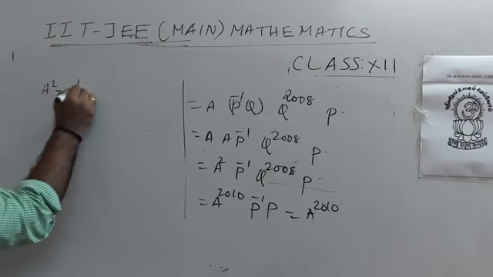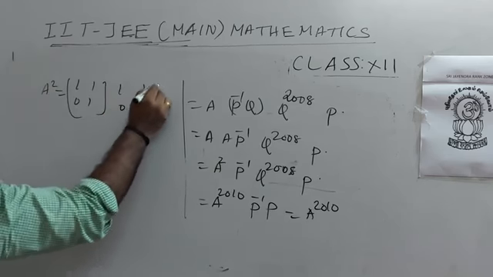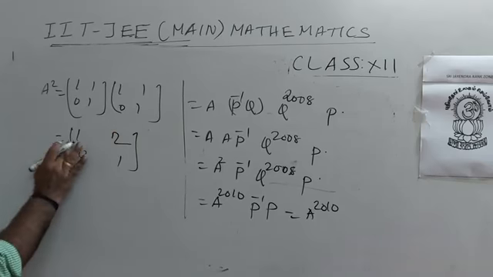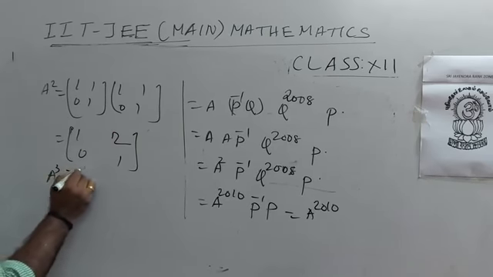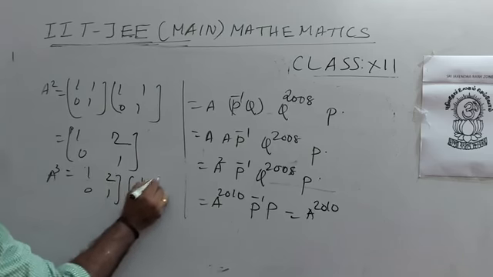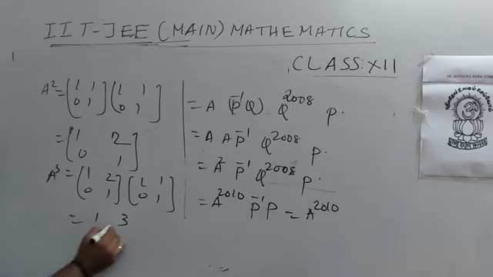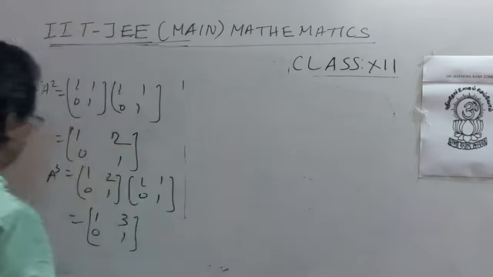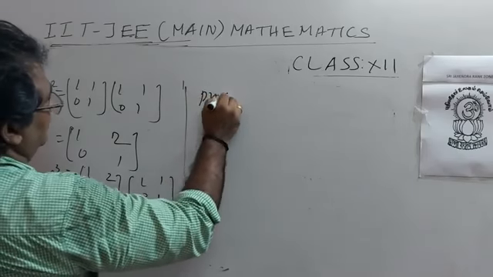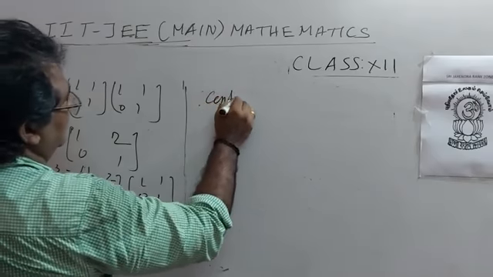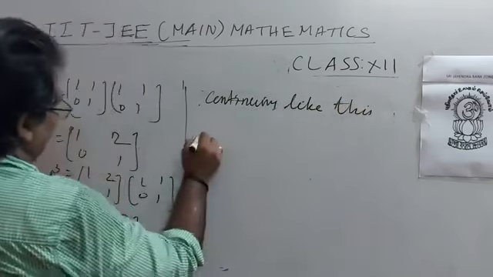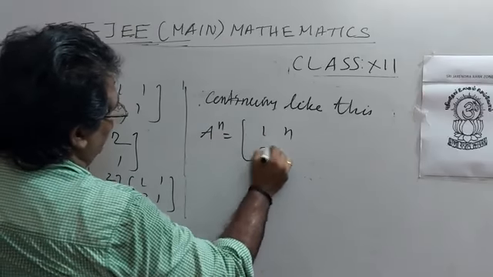A squared equal to [1 1; 0 1] into [1 1; 0 1], which is [1 2; 0 1]. A cubed, A squared into A, equal to [1 2; 0 1] into [1 1; 0 1], which is [1 3; 0 1]. Continuing like this, we can find A power n equal to [1 n; 0 1].